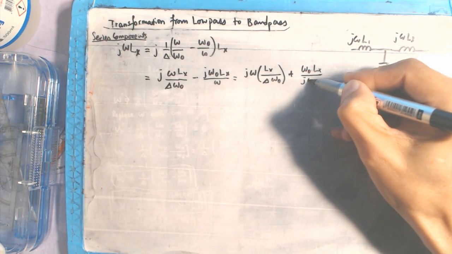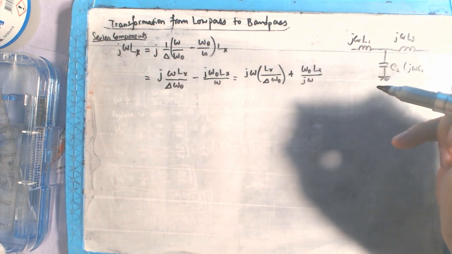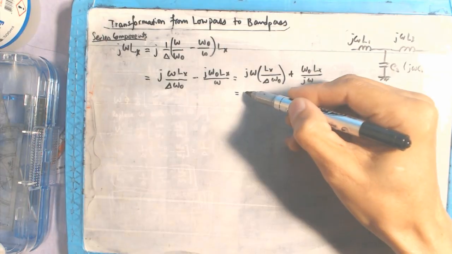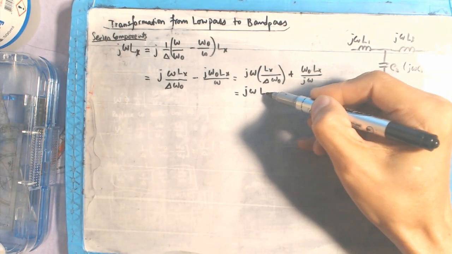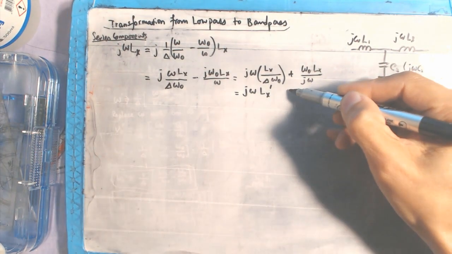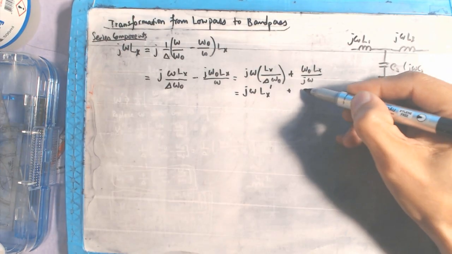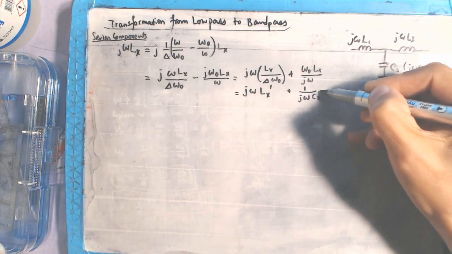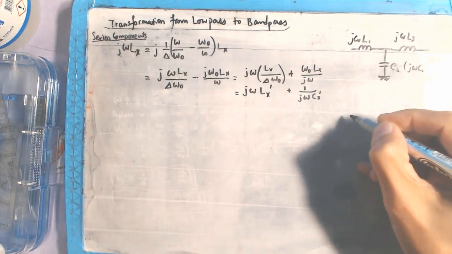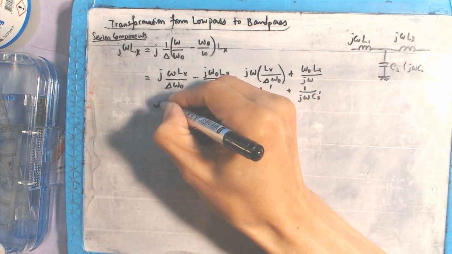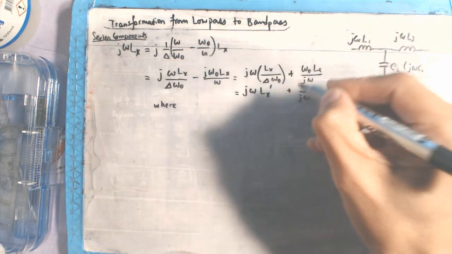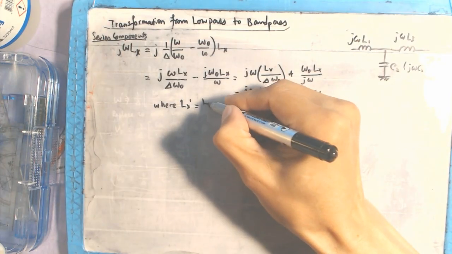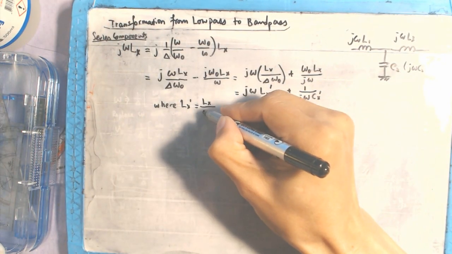So obviously, you can replace this as J omega Lx prime. And here you can rewrite this as J omega Cx prime, where Lx prime is equal to Lx and then delta over omega naught.